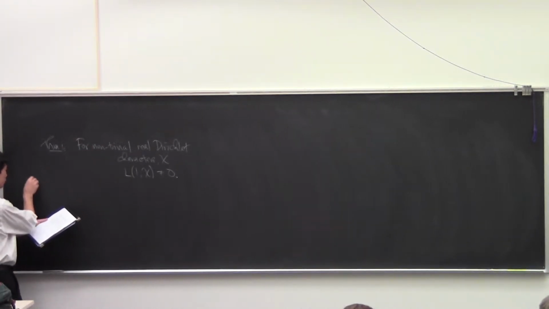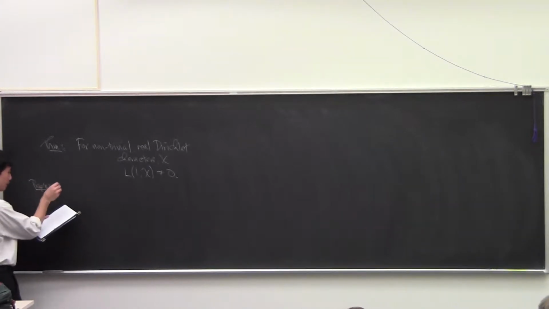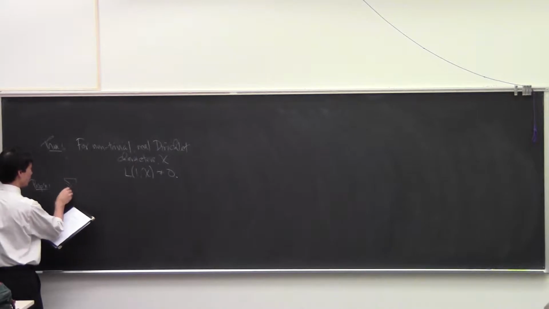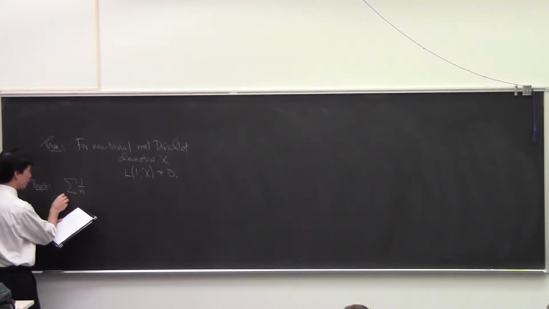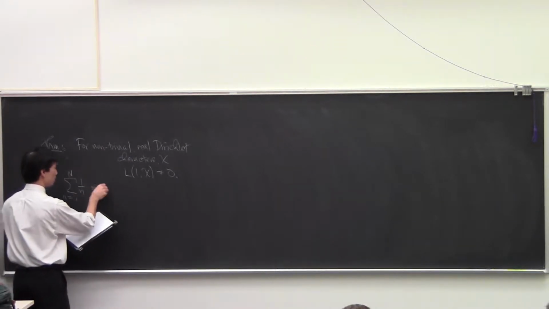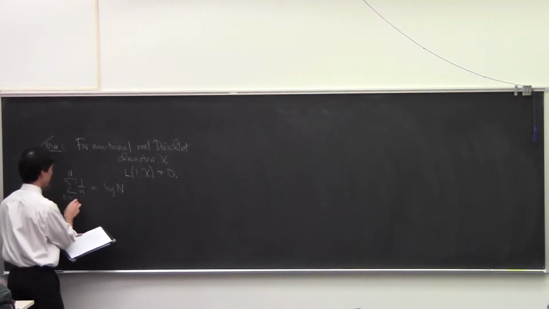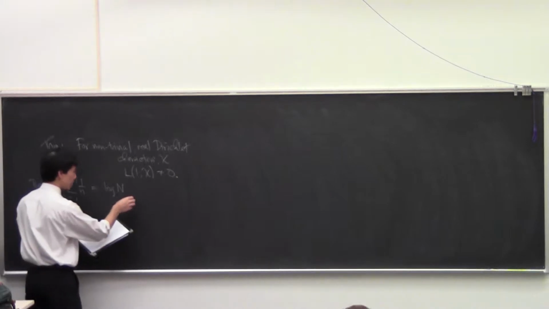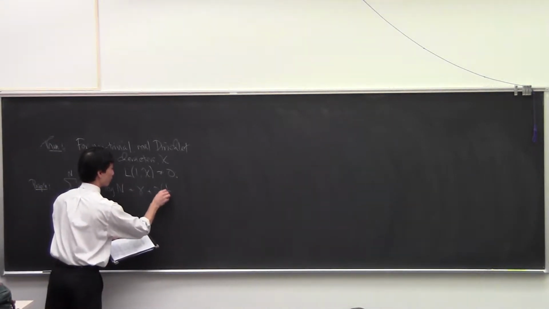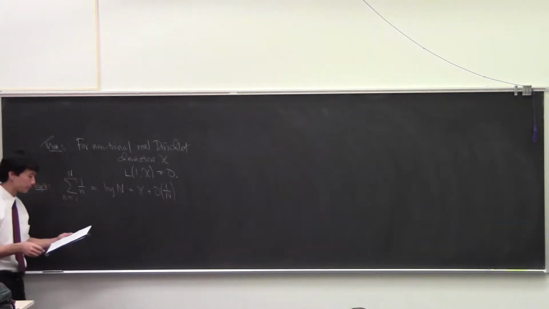We're going to need two propositions that we mentioned last time. The partial sum of the harmonic series, summation of 1 over n, from 1 to n, is basically log n plus some constant plus things on the order of 1 over n.